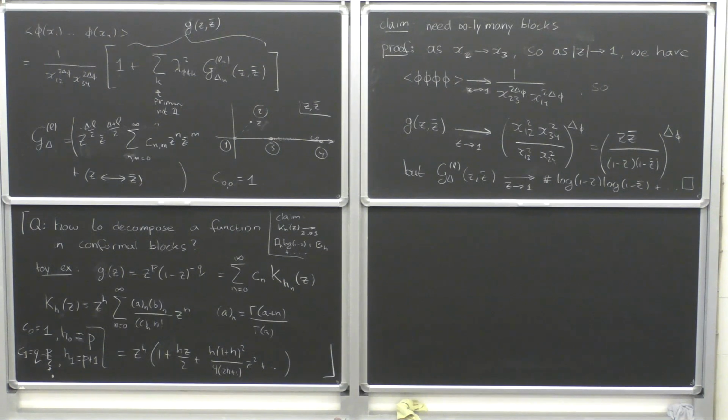Second question. Usually when you want to decompose something like the G of z in your toy example, we have some orthogonality condition on the blocks. Do we have such properties so that you can just integrate G of z times another function in order to find these coefficients? Yes.